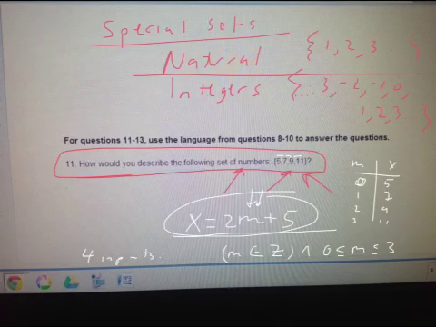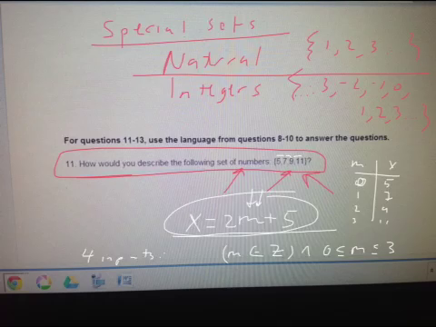So how would we describe this set? Well, we would describe that set by saying it's a set made up of x values such that x equals 2m plus 5, and m is an integer that is greater than or equal to 0 and less than or equal to 3.